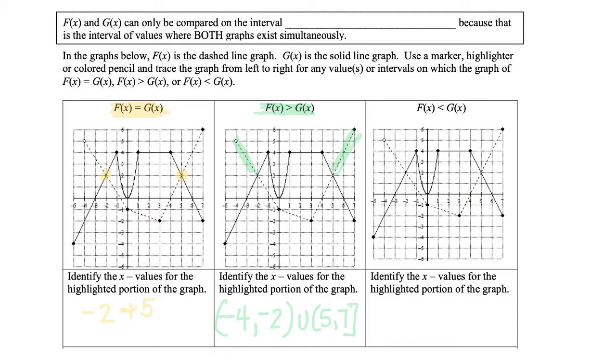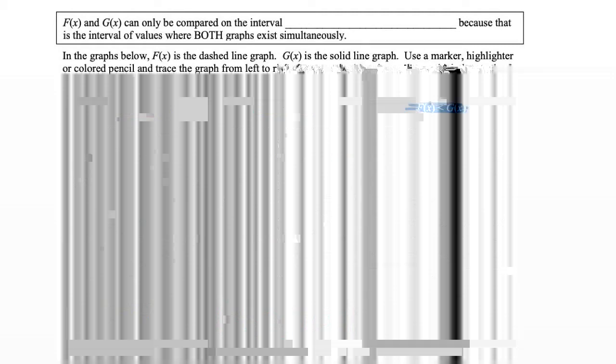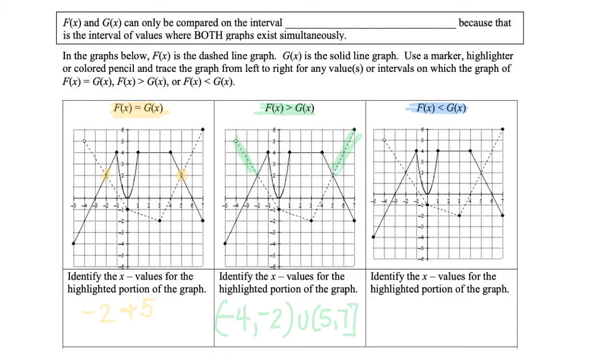And now we're looking at our next problem, and that's going to be below, where f of x is less than g of x. So where is the dotted line below the solid? That's going to be through here. There's where it's below.